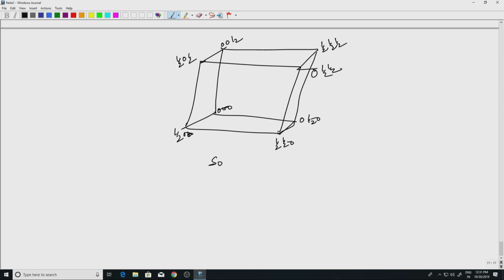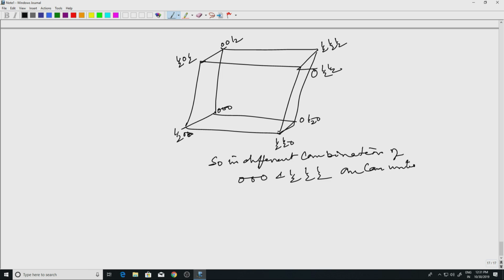So in different combinations of 0 0 0 and half half half, one can write 8 combinations.